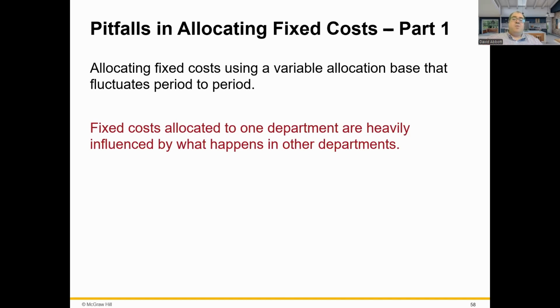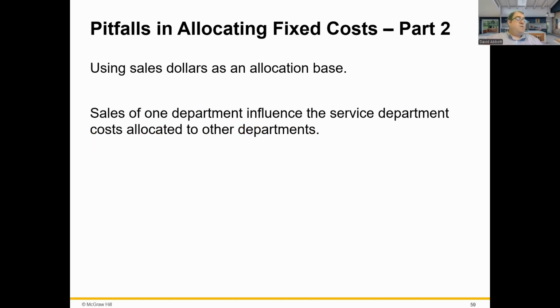Now, allocating the fixed costs using a variable allocation base that fluctuates period to period is a pitfall. Rather than charge fixed costs to using departments as predetermined lump sum amounts, some companies allocate them using a variable allocation base that fluctuates. This creates a situation where the fixed costs allocated to one department are heavily influenced by what happens in other departments.